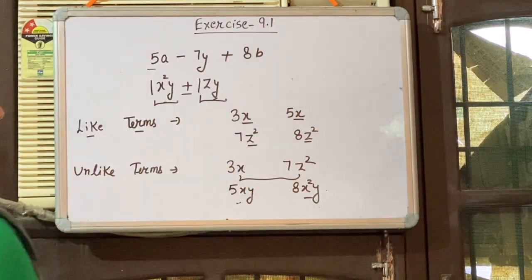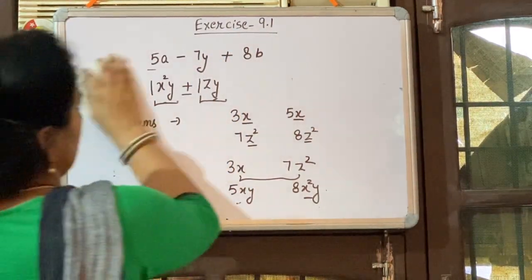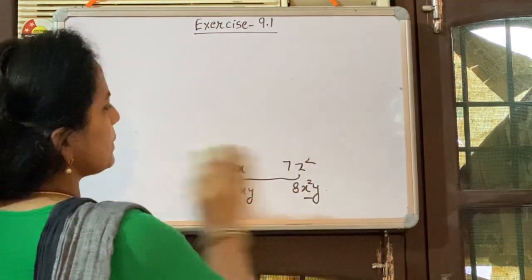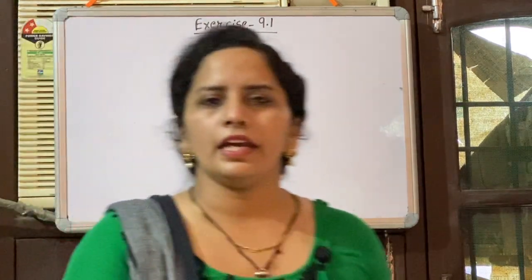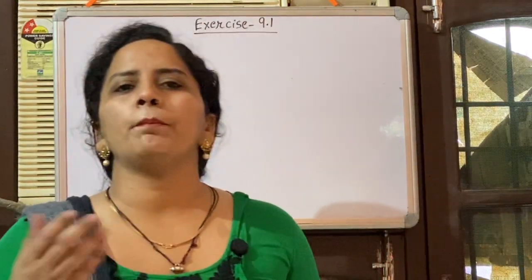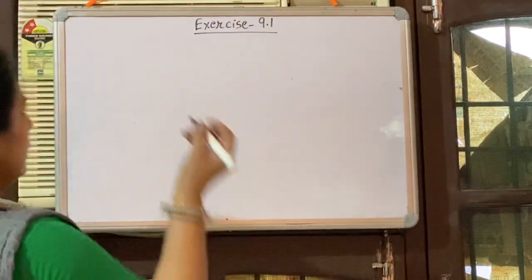Next is types of algebraic expressions. Algebraic expressions are named with respect to their number of terms which the expressions contain.